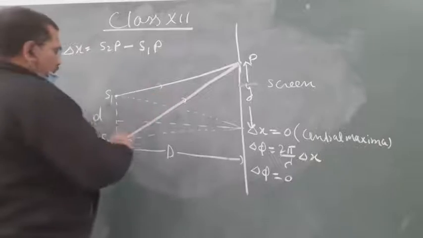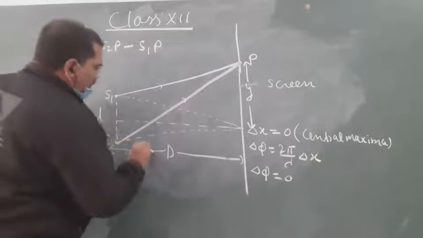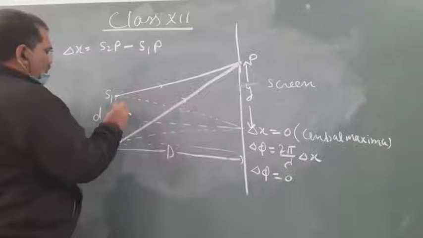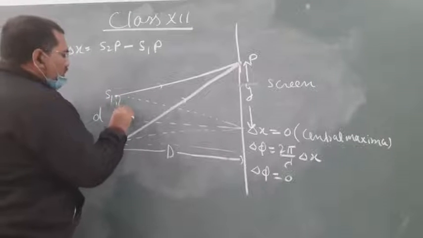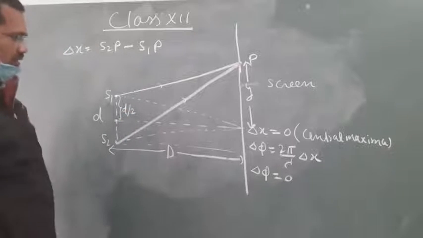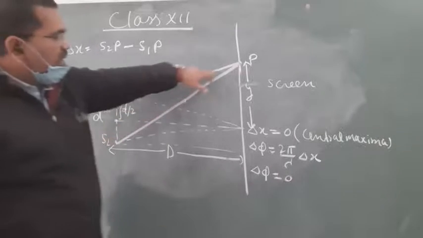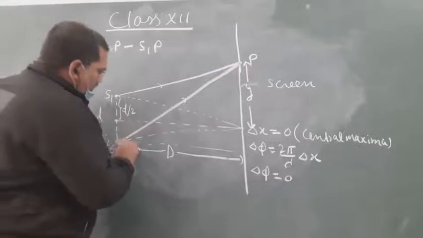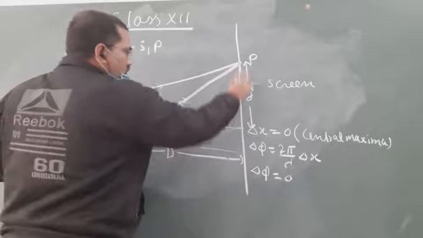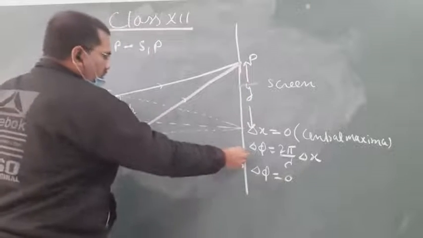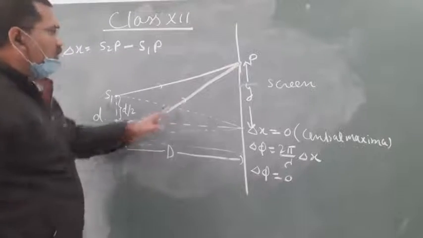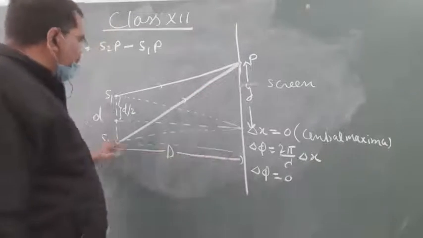So what is S2P here? This is capital D, and small d is divided into two equal parts, d by 2 from the midpoint. So S2P, in this triangle, is the hypotenuse of a right angle triangle.